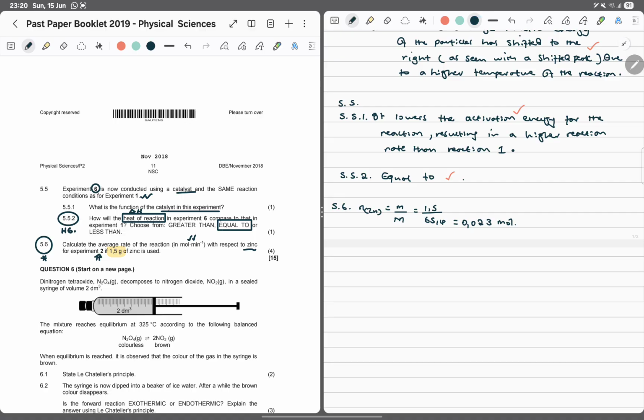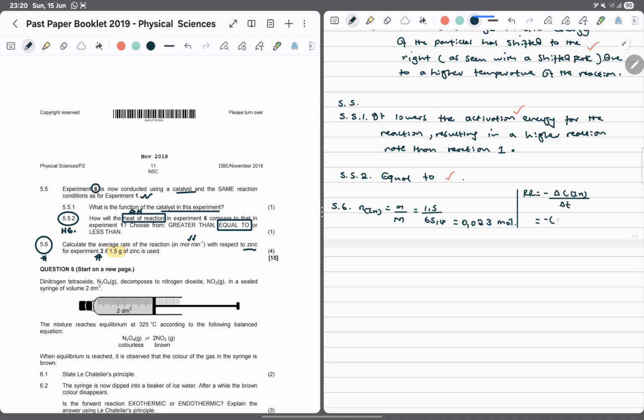Of course, now we want to do another calculation, so we need to separate it nicely. So the question is to calculate the average rate of reaction. So we know that the reaction rate here is going to be minus the change, because remember this is a reactant, so we need that minus the change of concentration of zinc divided by the time duration of this reaction.